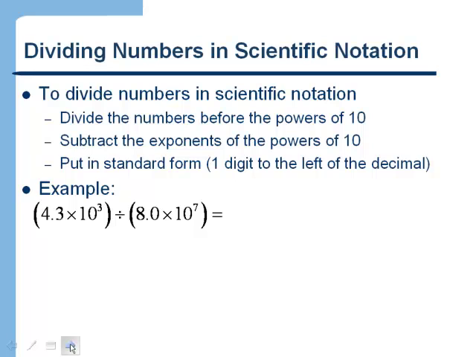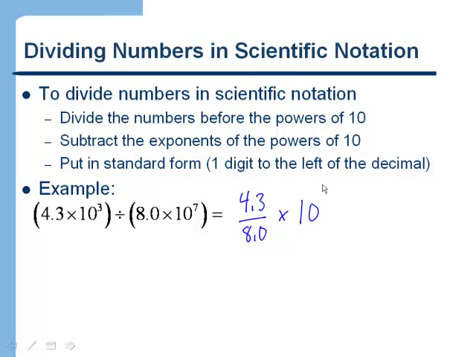So the first thing it says to do is divide the numbers before the power of 10. In this case, I have 4.3 times 10 to the 3rd, and I'm dividing it by 8 times 10 to the 7th. So I have 4.3 divided by 8, and then I want to subtract the exponents, just like we know to do whenever we're dividing exponents.